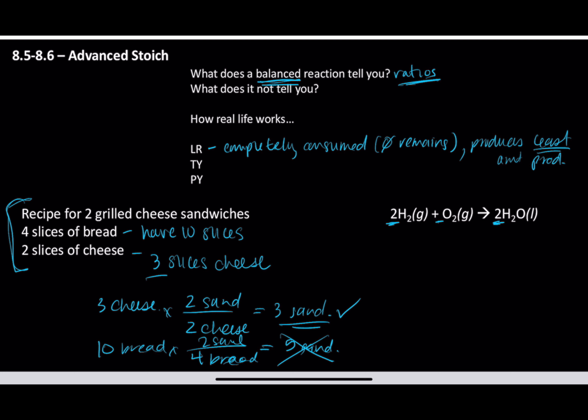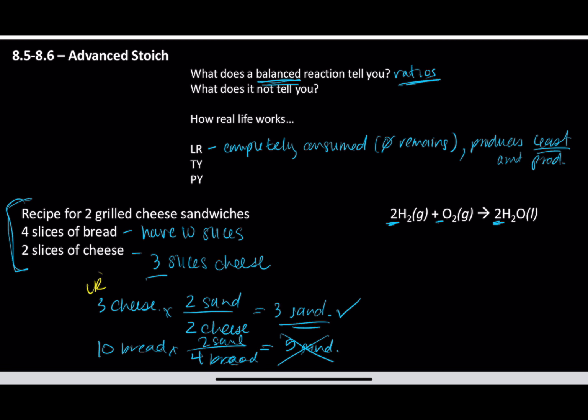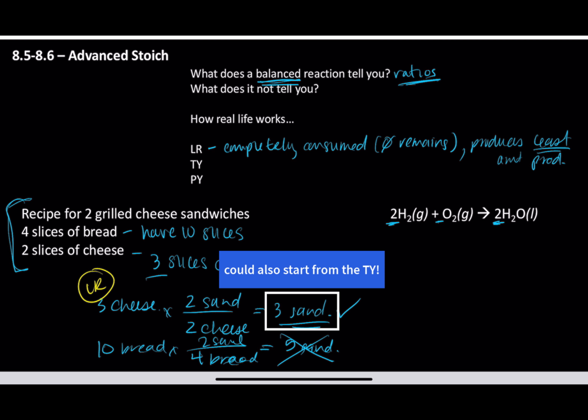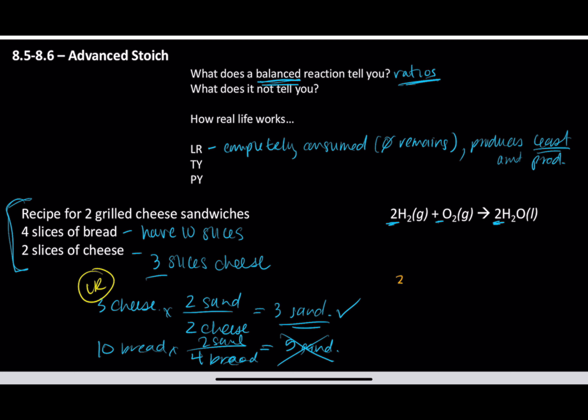Can I figure out how much bread remains? Correct, I absolutely can. I can start from my limiting reactant, because we just defined it as the one that will be completely consumed, the one that produces the least amount of stuff. So I can say for every 2 cheese, it requires 4 bread.